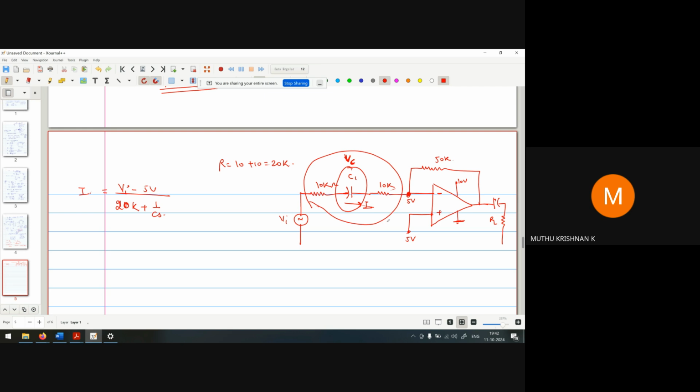We open the capacitor and short the Vi. Then we have one side ground and the other side 5 volts. Should we make it a battery and short it once again?